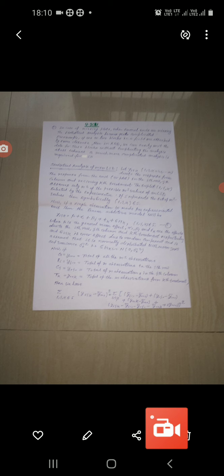The triplet i, j, k assumes only M square of the possible M cube values of an LSD selected by the experimenter.